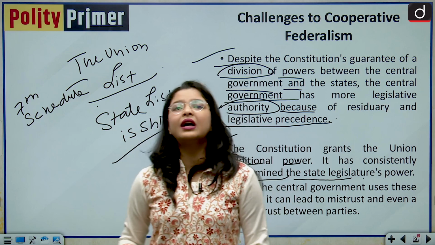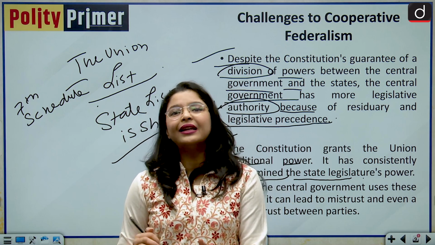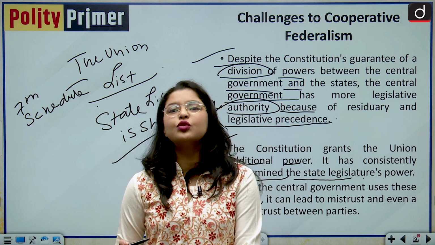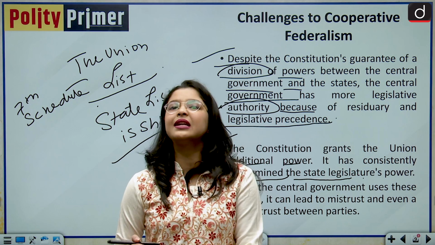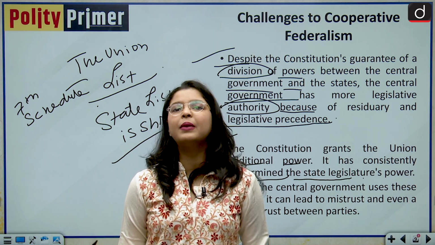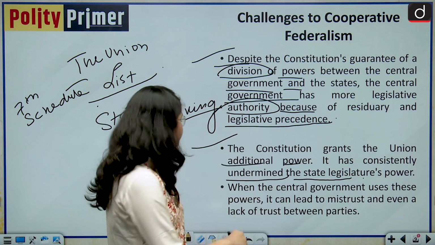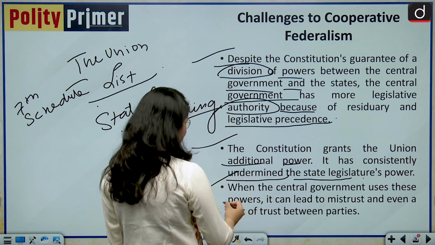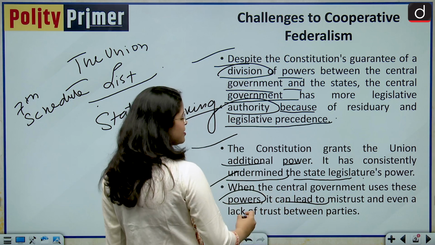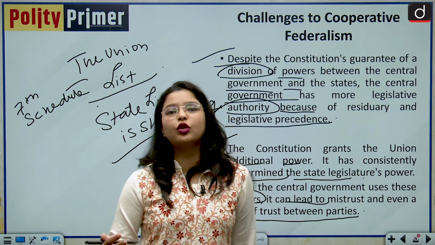So, this is also a contentious issue that has been argued by the critics, that yes, the Union government is using its power to undermine the state's legislative authority, and ultimately they have the residuary power that is given to them by the Constitution itself. When the central government uses these powers, it can lead to mistrust and even a lack of trust between the central government and the state government.